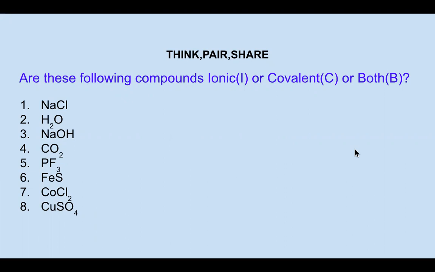If you see a metal and a non-metal, you just write that it is ionic. And if you see both elements are non-metals, then write it as covalent. And some compounds have both a metal and a couple of non-metals. For those compounds, you write both.